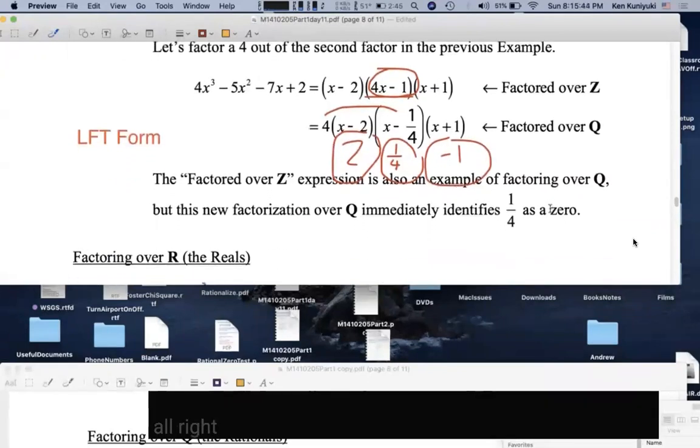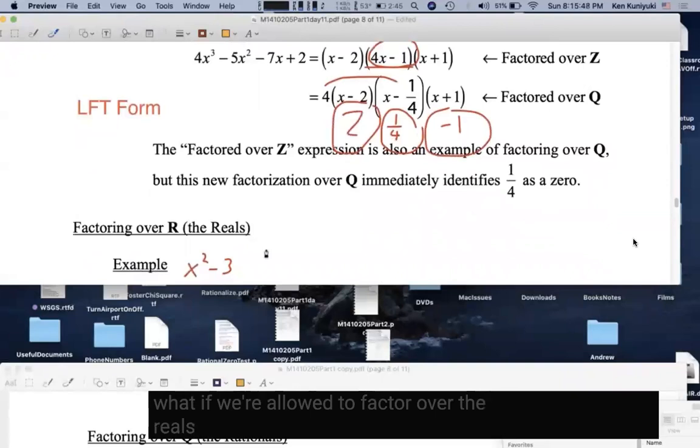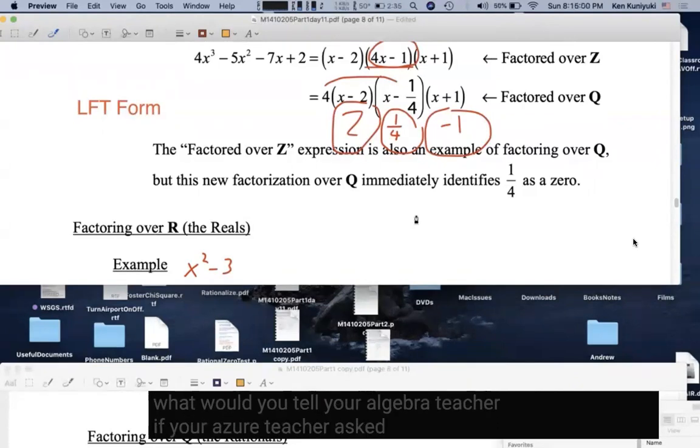All right. What if we're more ambitious? What if we're allowed to factor over the reals? x squared minus 3. Now, in the olden days, in your algebra class, what would you tell your algebra teacher if your algebra teacher asked you to factor x squared minus 3, old school? You'd say, it's prime.